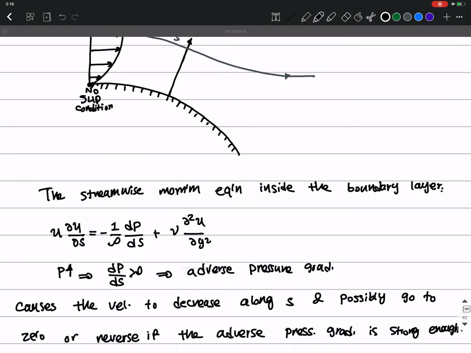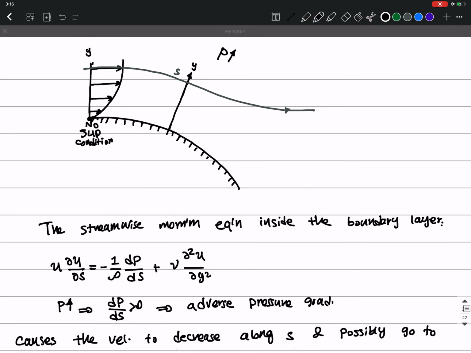So what happens is that here the dP over ds is positive, so we have a force that is kind of decelerating the flow along the streamline.